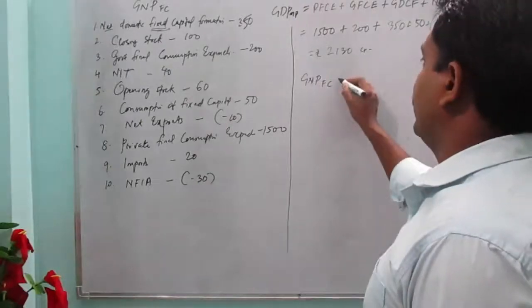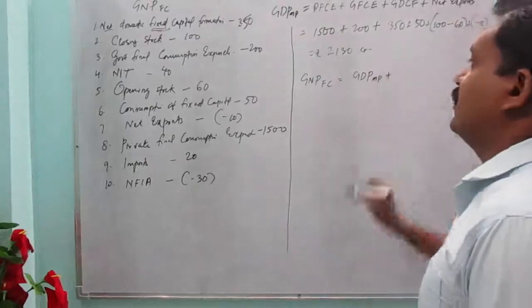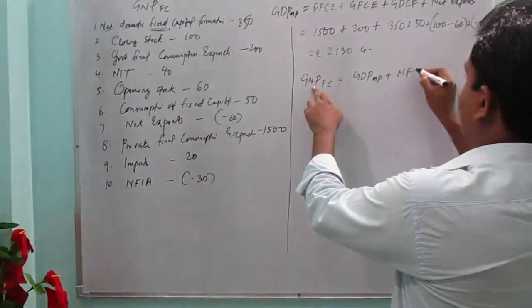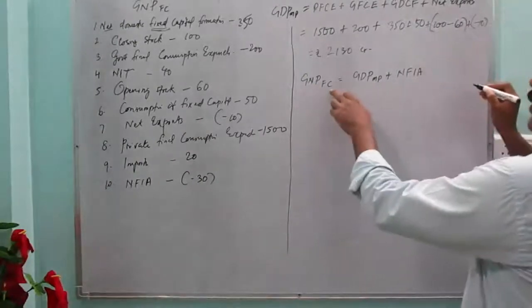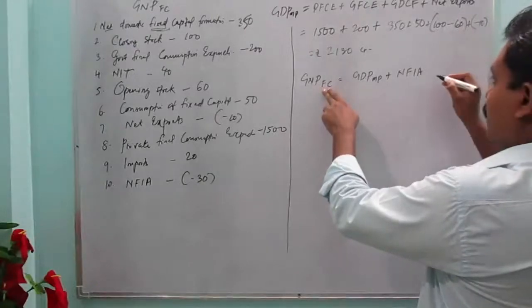So GDP at market price, plus NFIA to go from domestic to national, then minus NIT to go from market price to factor cost.